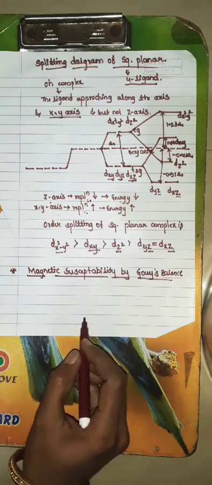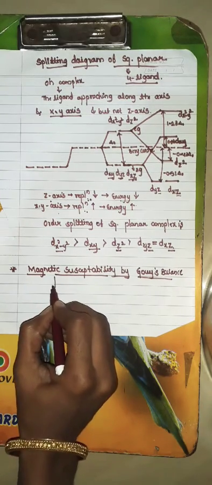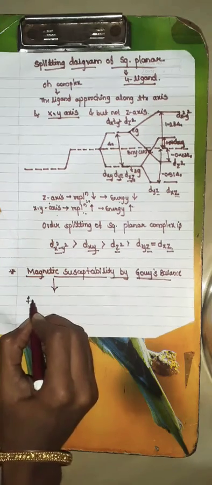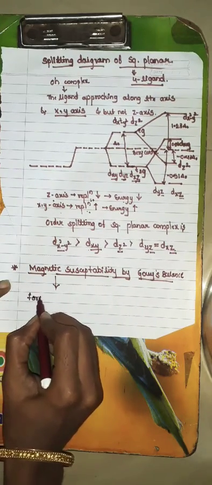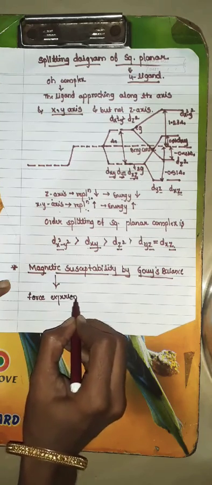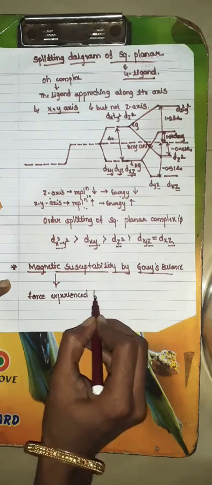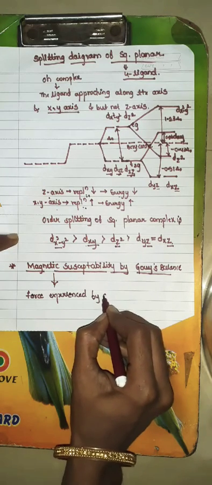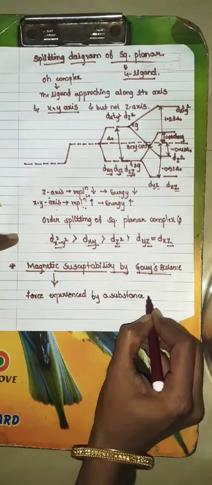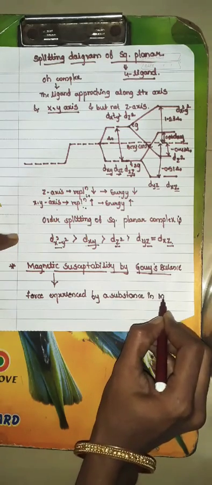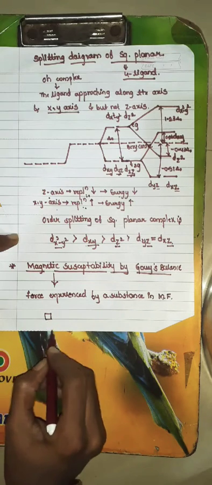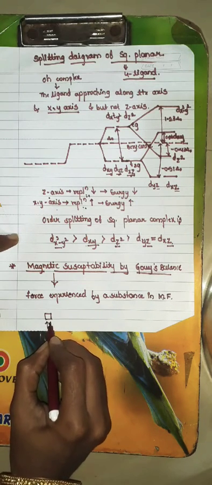First we know what we mean by magnetic susceptibility. Magnetic susceptibility means the force experienced by a substance in a magnetic field. For example, consider one substance and apply a magnetic field.